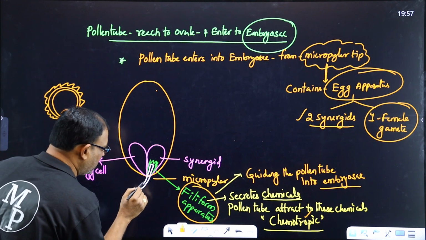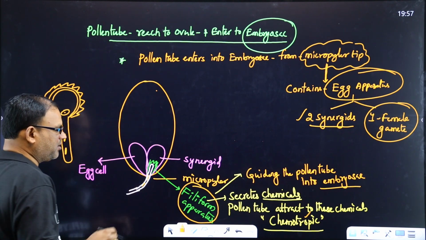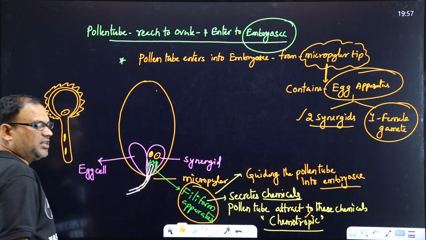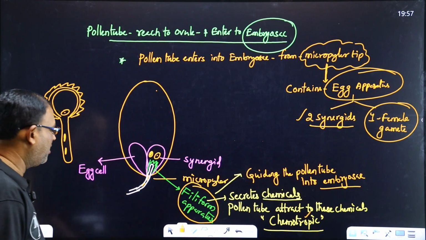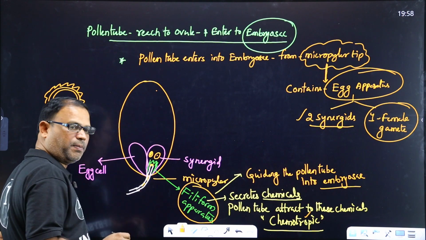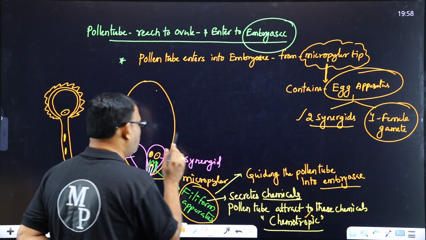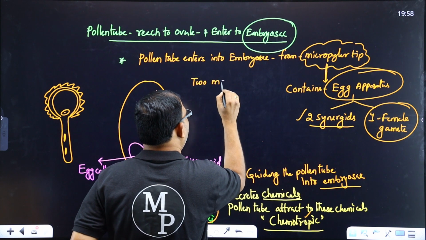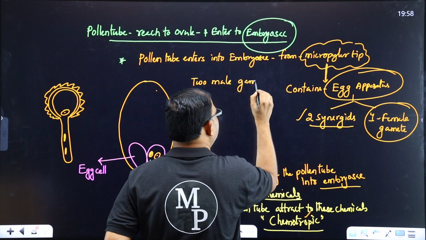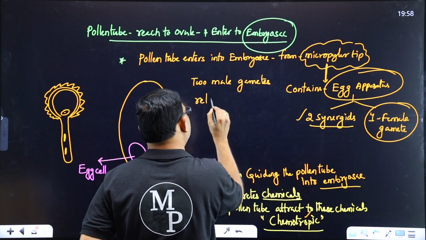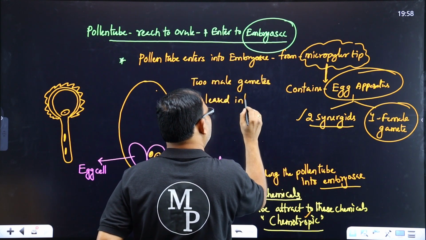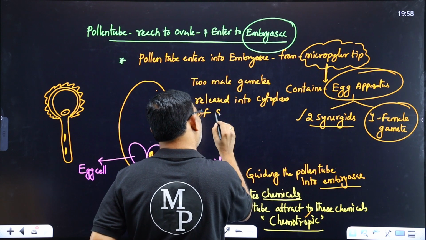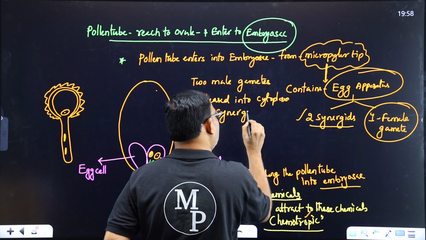One male gamete here, and one more male gamete here. After the tip of the pollen tube bursts, these two male gametes are released into the cytoplasm of the synergid. Very important.